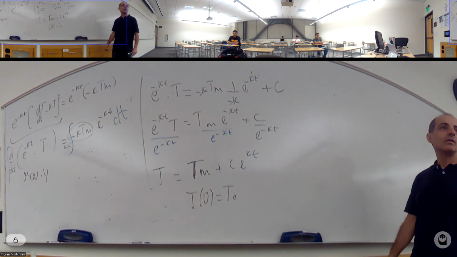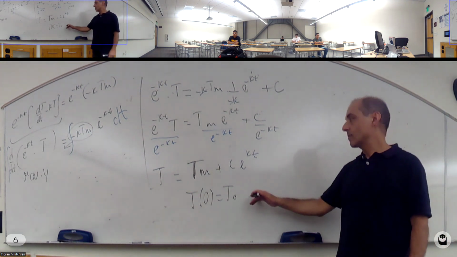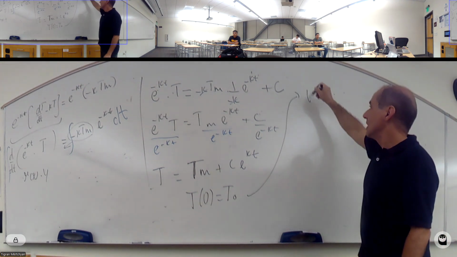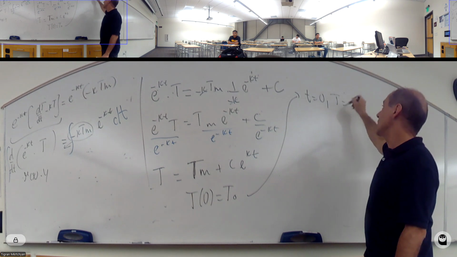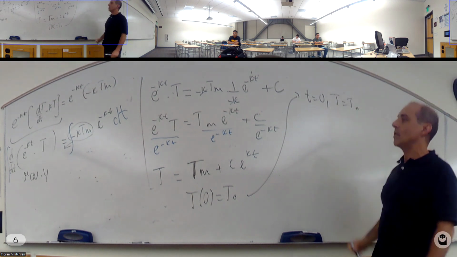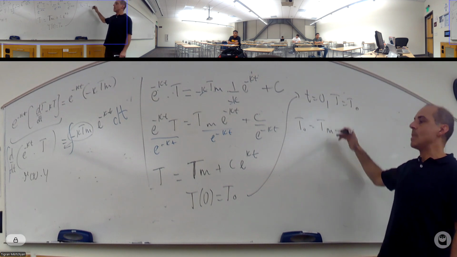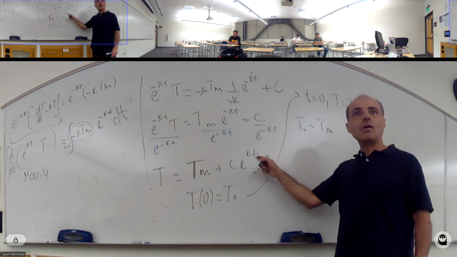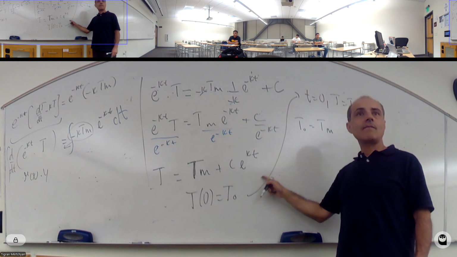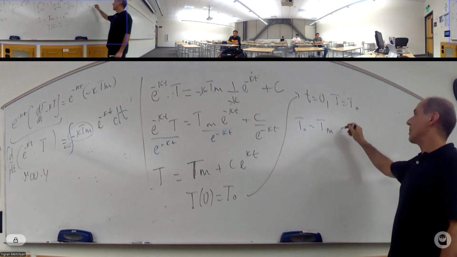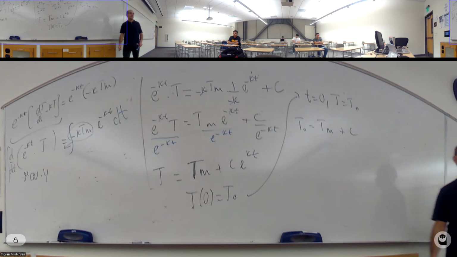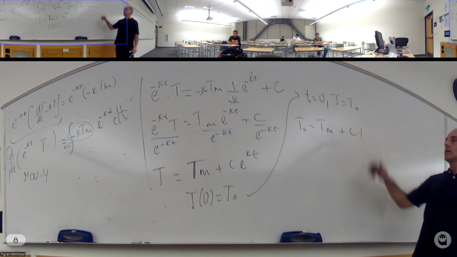Plug that in: small t is 0, big T is T0. So you get T0 equals Tm plus C times e to the 0, which is 1.